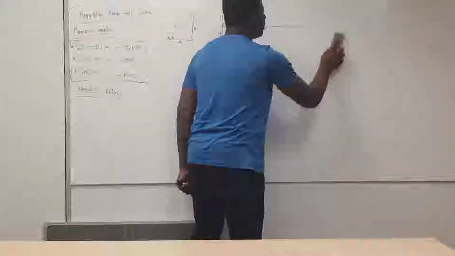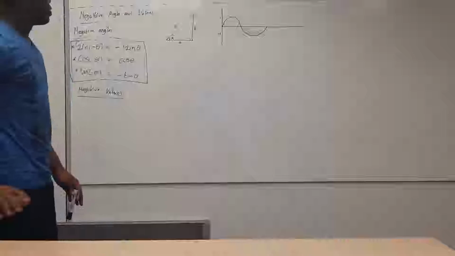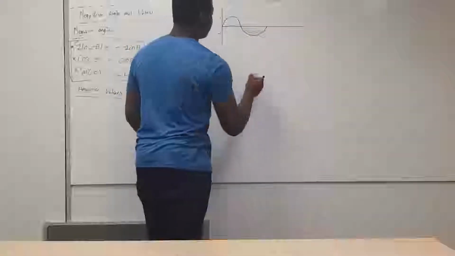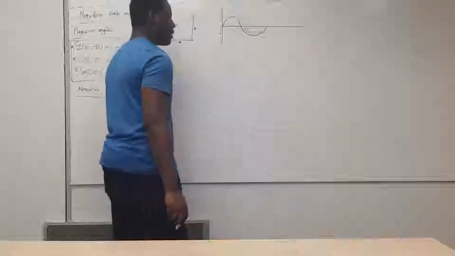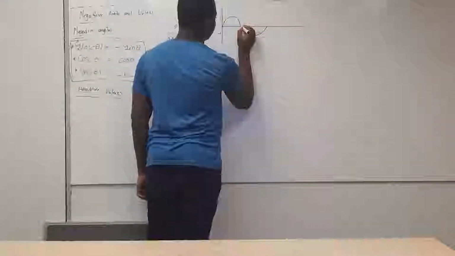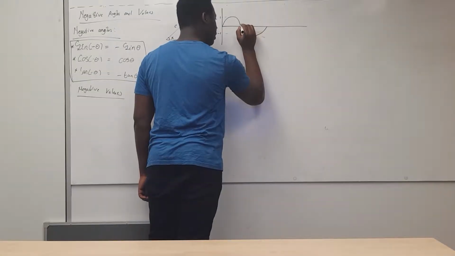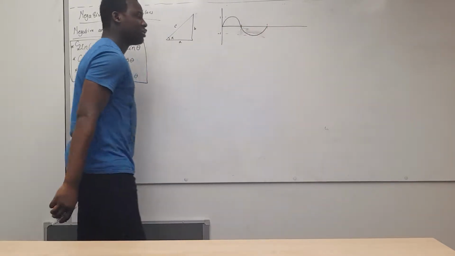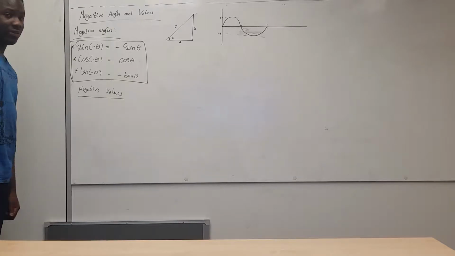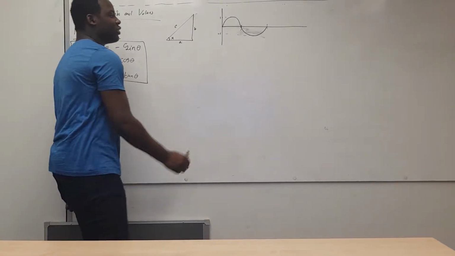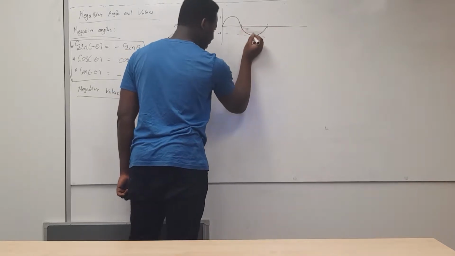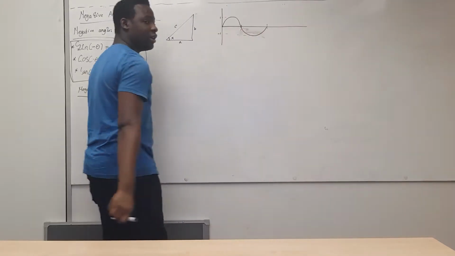This is what we're trying to do: we're trying to explain the second portion of this graph. We're trying to define it from 180 degrees to 360 degrees. That's why we called it negative values, because all the inputs in this graph will always give you a negative number. I don't know if you understand that.